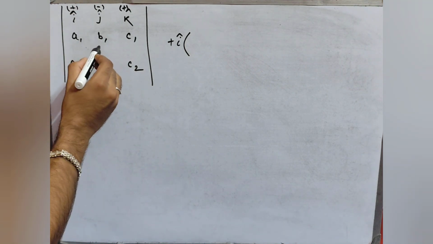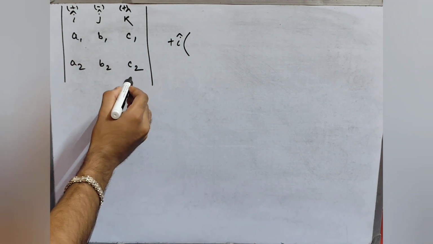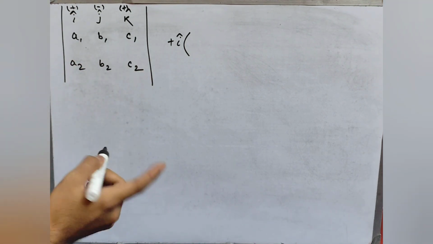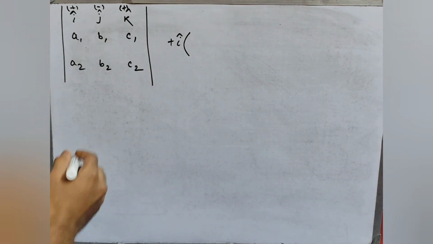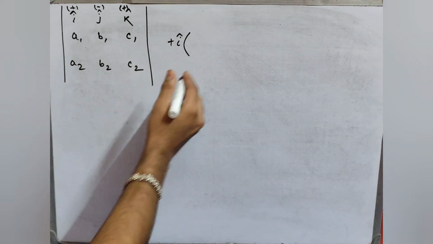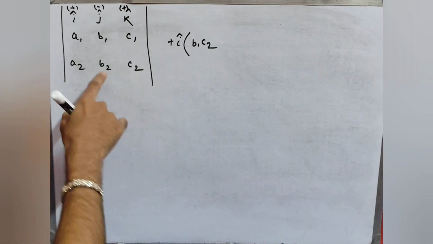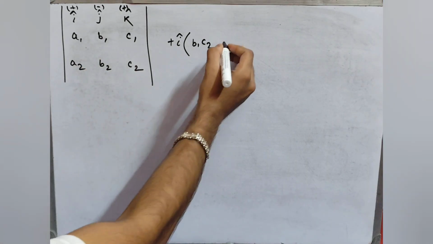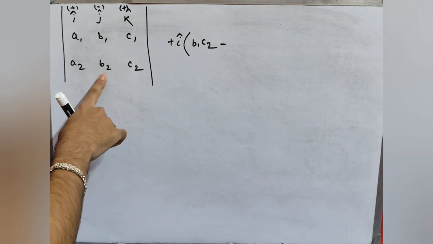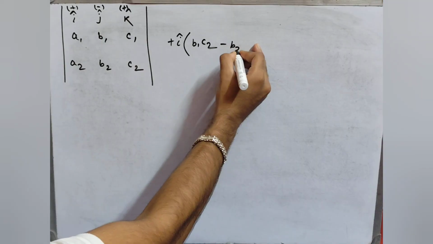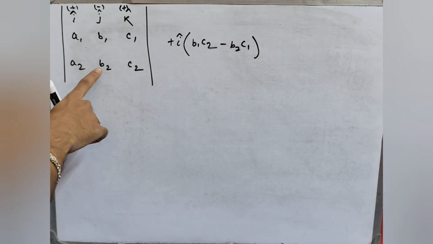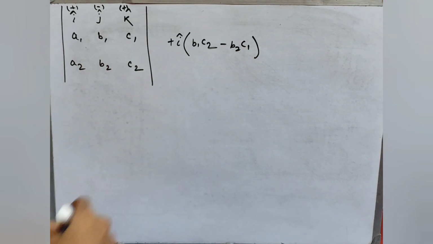The remainings are B1 C2, B2 C1. So multiply diagonally. It will be B1 into C2 minus B2 into C1.